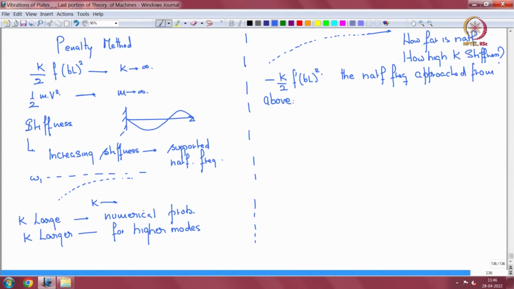Okay. So, now you can use both positive and negative values and start bracketing, to get a feel for the error.